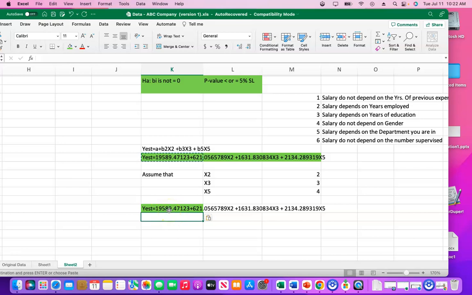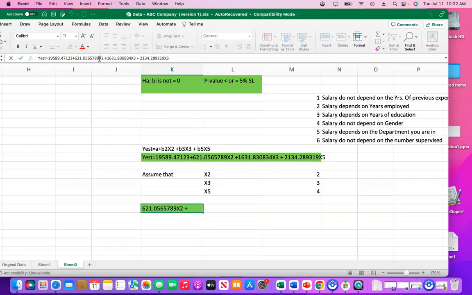Now, the salary will increase depending on how many years the person has been in the company. So let me go in here and change X2. We say that this person has been working for 2 years, and all we're going to do here is to put 2, put the bracket, and we are going to put 2 years employed in this company.